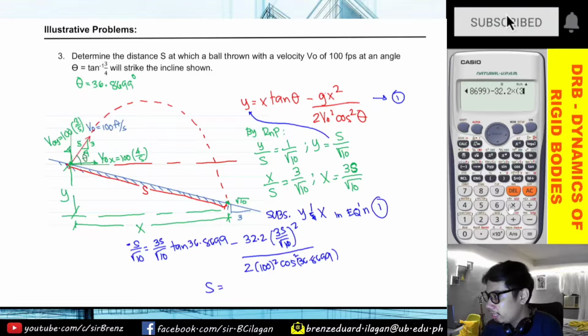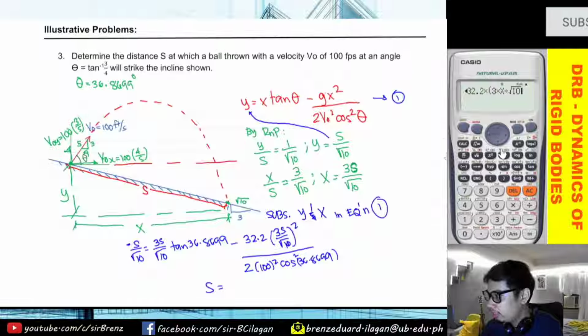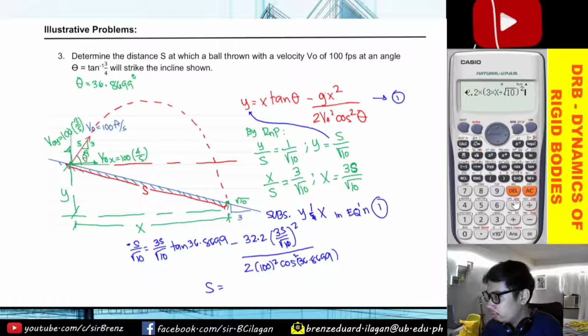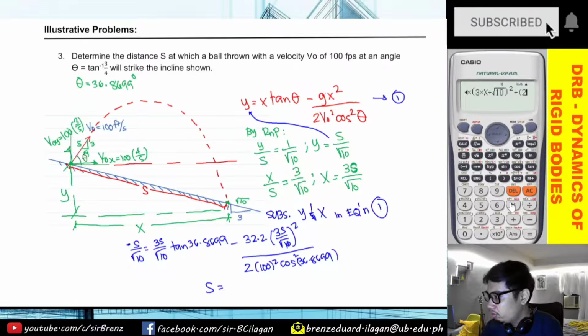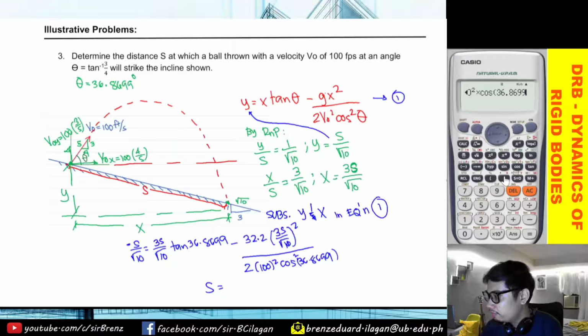So ito hindi naman bawal pero limitahan lang para at least di bumagal yung calculate. So 3x divided by square root of 10. Pero madalas dapat times and divide lang. Squared tapos divide. So yung kabuuan. So 2 times 100 squared times cosine of 36.8699 squared and then close parenthesis.